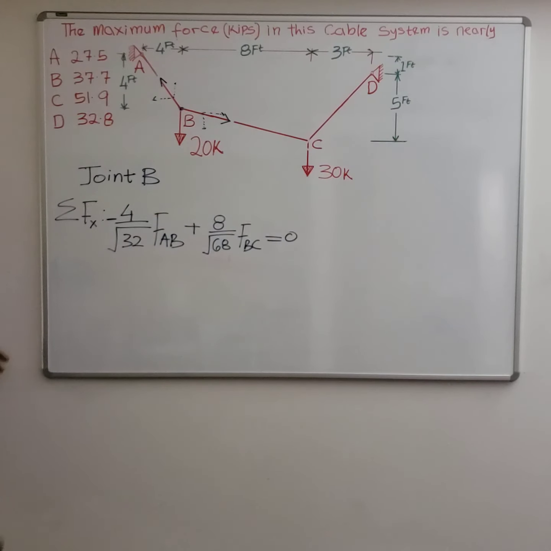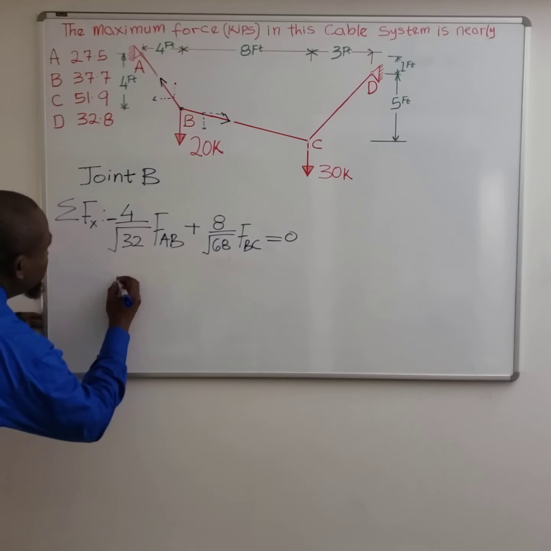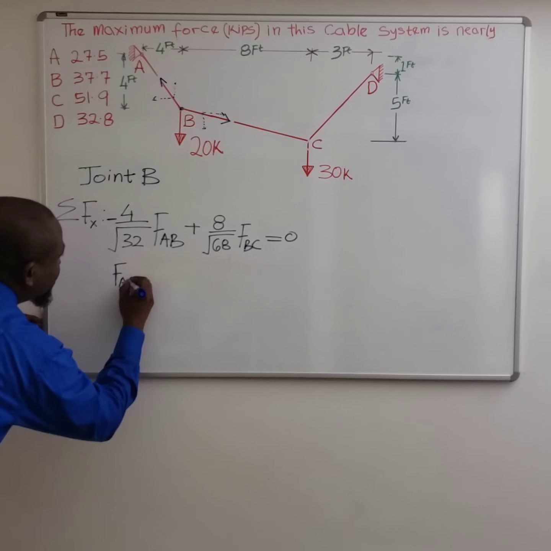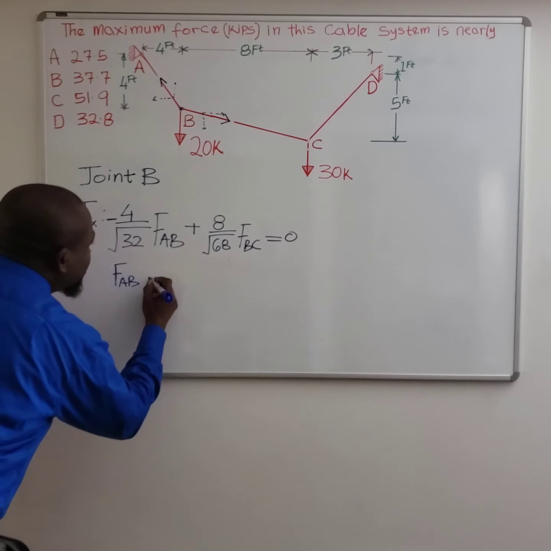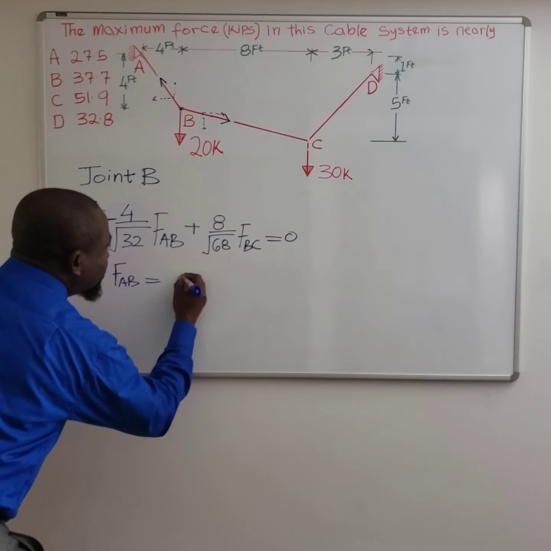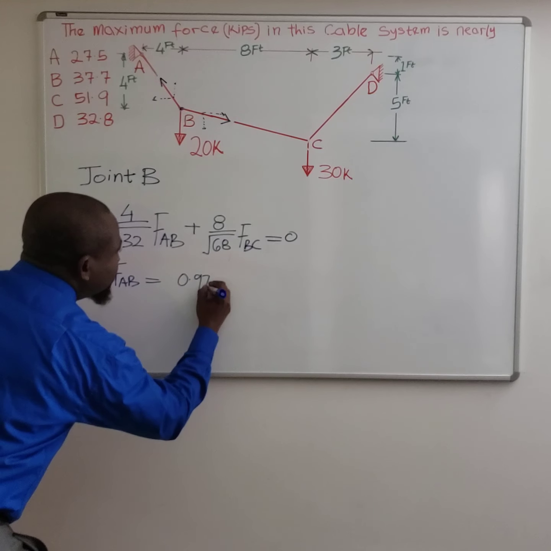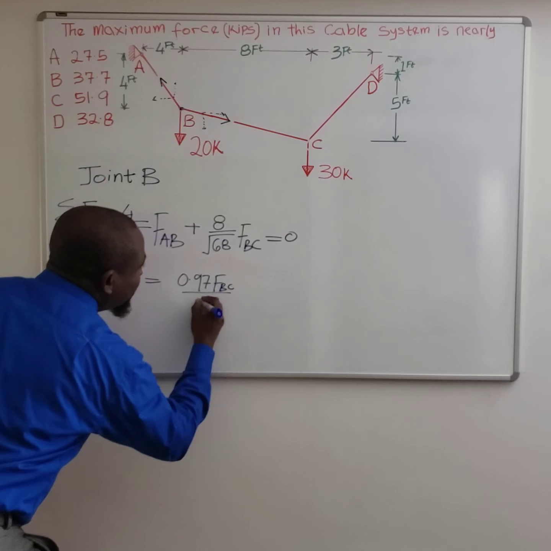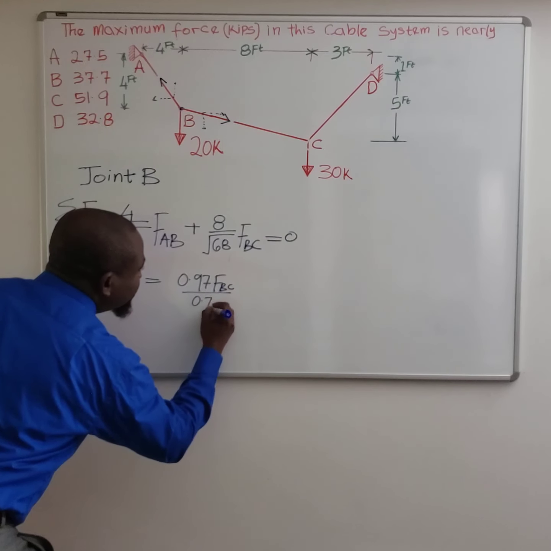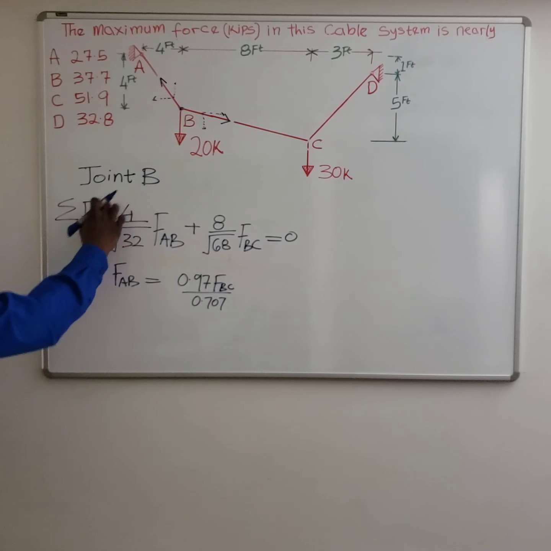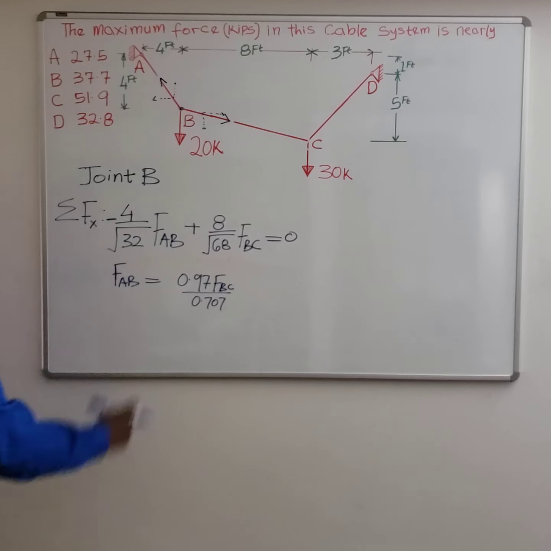All right, so if you simplify this, FAB, let's move this to this side, will become 0.97 FBC divided by 0.707. This value here is this, and this value here is this.